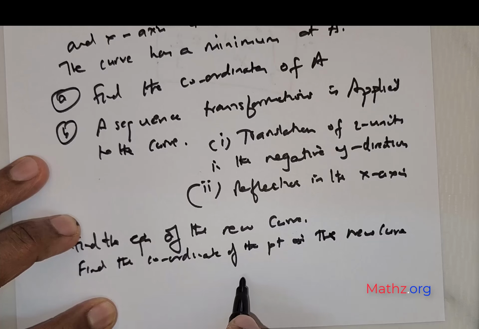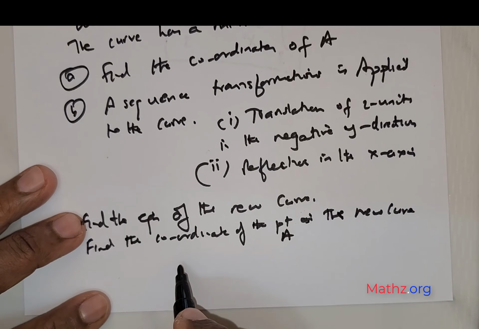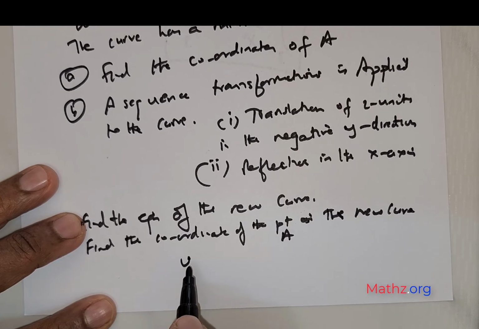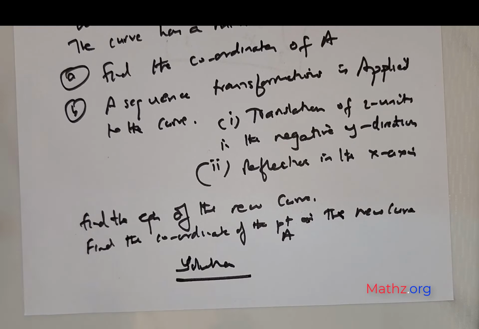So when they are talking about coordinate of the point, they want the coordinate for A. Okay, and the given equation, we already know the given equation. So let me start the solution.